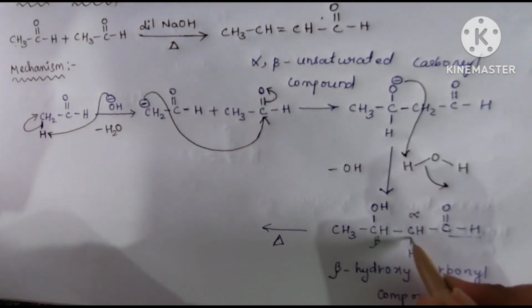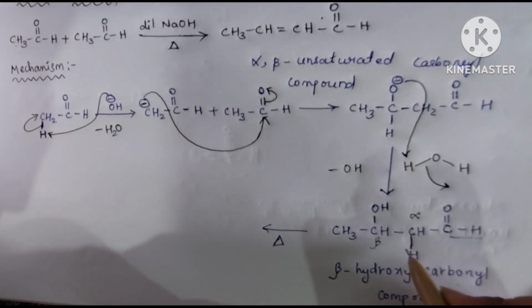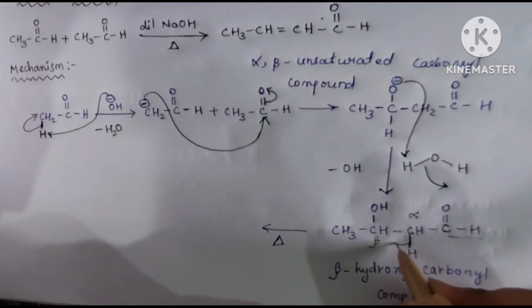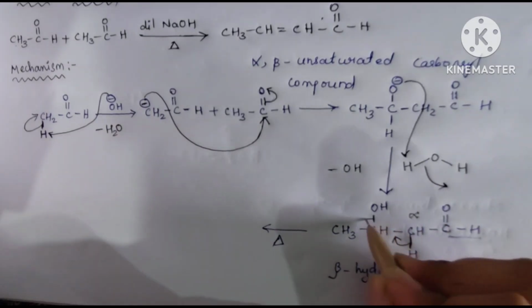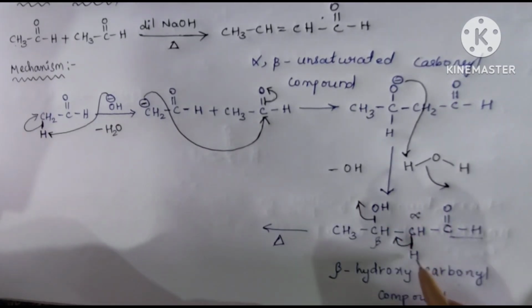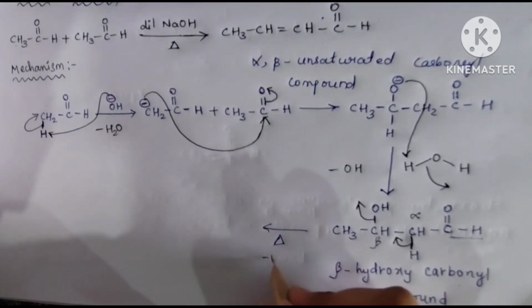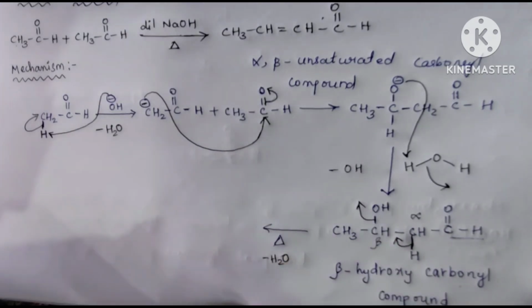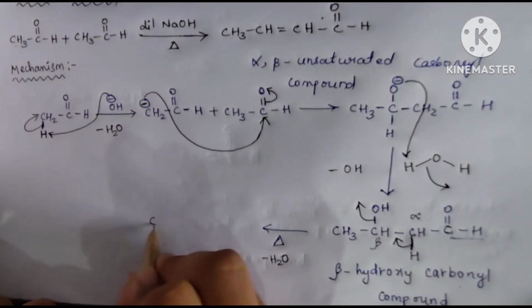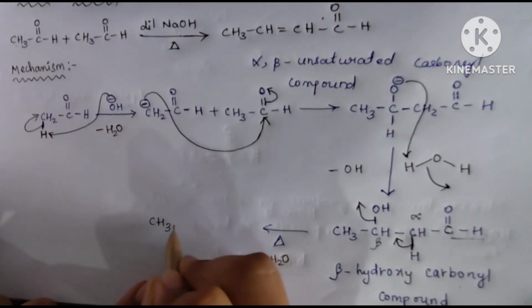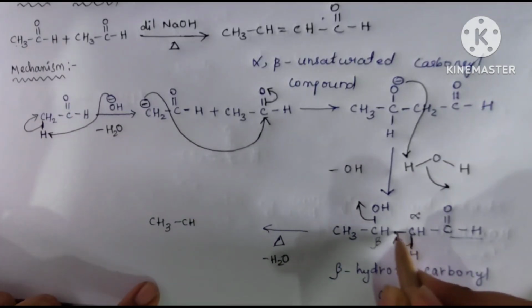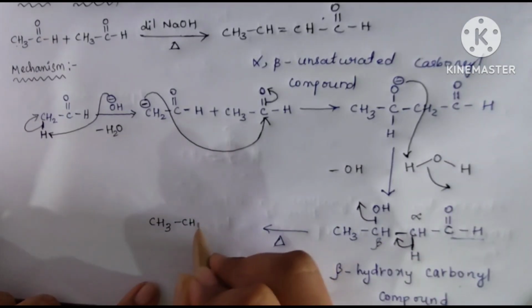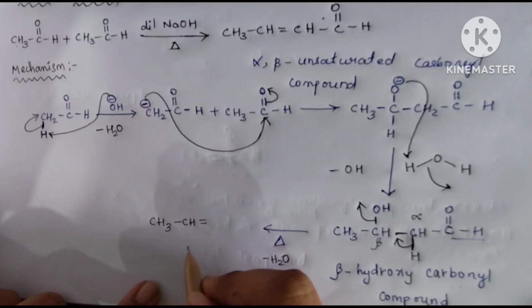The single bond moves towards this carbon and the OH cleaves, so water is lost, minus H2O. At last we get CH3 bond CH double bond CH, bond C double bond O bond H. Here already one bond is there, and with the second bond it becomes a double bond.